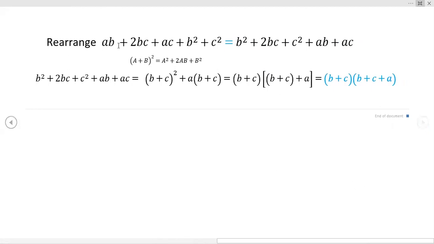All right, now this is the original problem. This is the original problem. And so what we did is we rearranged it based on what we just mentioned. See, if we rewrite it like this, b squared plus 2bc plus c squared. Now I'm just coming down to the next line here, and I wrote down that identity just for reference.